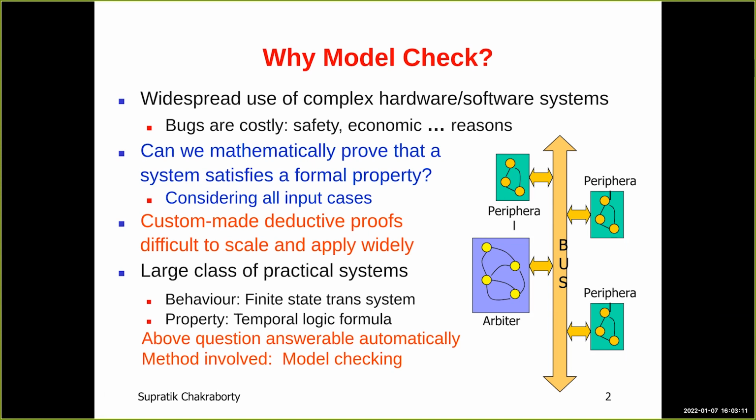In the synthesis question, we were given a temporal logic formula saying this is the property we want between the inputs and outputs, and we synthesized a system that satisfies the specification. Here we are already given a system, which is the design, and we are given a property, and we would like to check whether the system satisfies the property. So our goal here is not to synthesize, but to check. The technique used for this is also called model checking: checking whether the system is a model of the given property expressed as a formula.